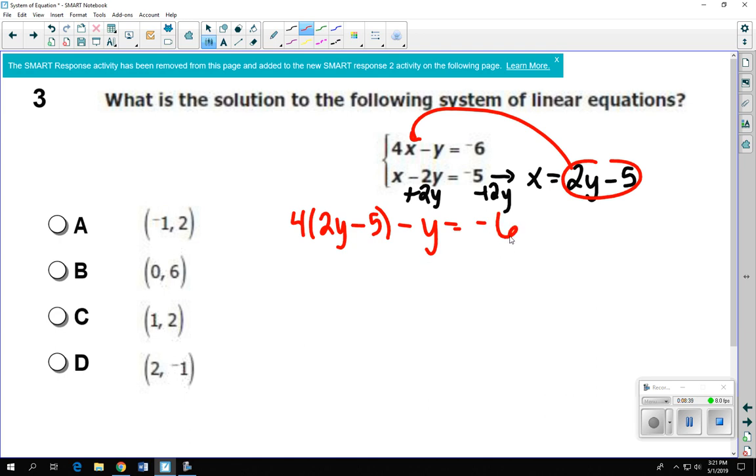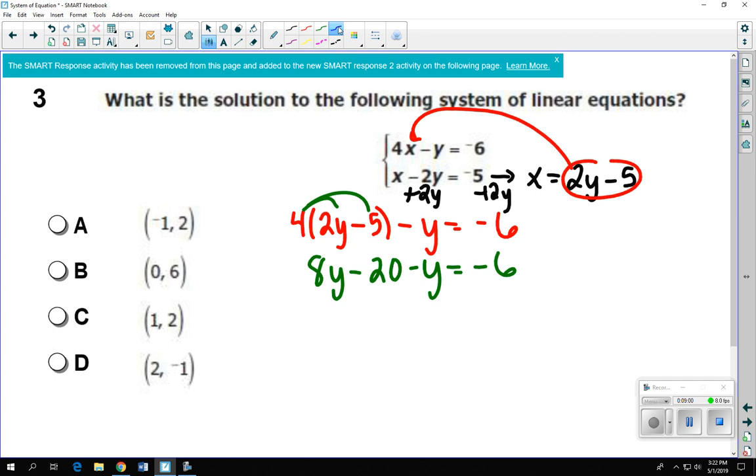So now 4 times 2y minus 5 minus y is equal to negative 6. The way you check that you've done this correctly is look to see if one variable shows up. In this equation, I see y show up on both. That means I'm doing it correctly. So now, using the phrase DCMAM, I start by distributing to get 8y minus 20 minus y is equal to negative 6.